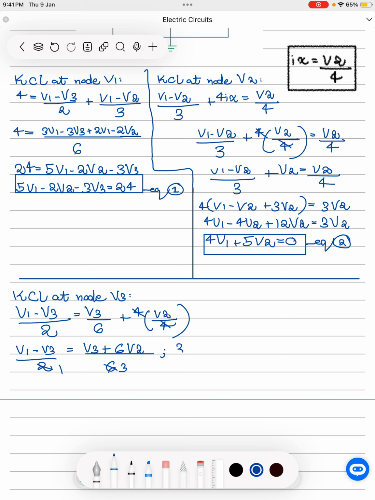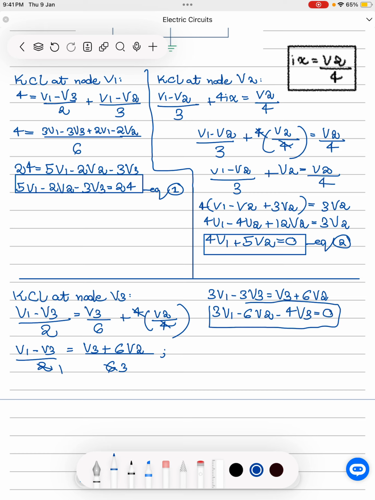So now this would become 3V1 minus 3V3 equals V3 plus 6V2. Simplifying this further would give us 3V1 minus 6V2 minus 4V3 equals 0.